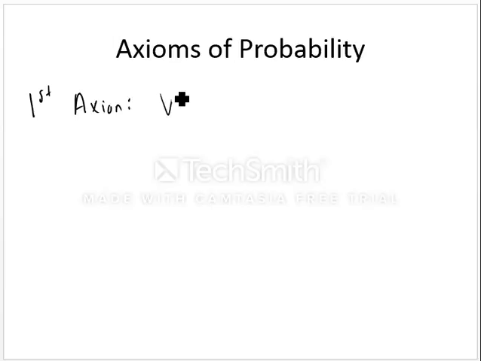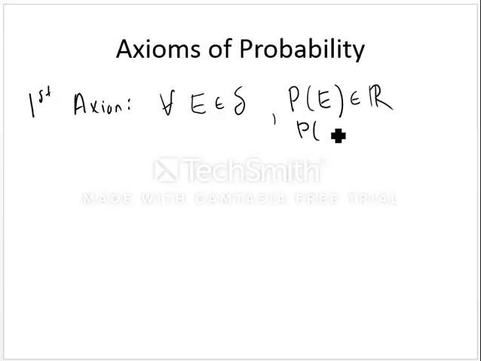For all events in our event space, which we could denote with that script S, we believe this: the probability of that event is going to be an element of the real numbers, and that probability is always going to be greater than or equal to 0.